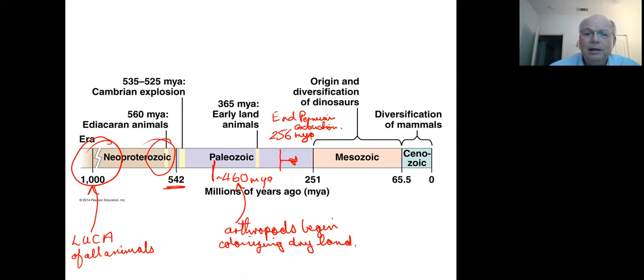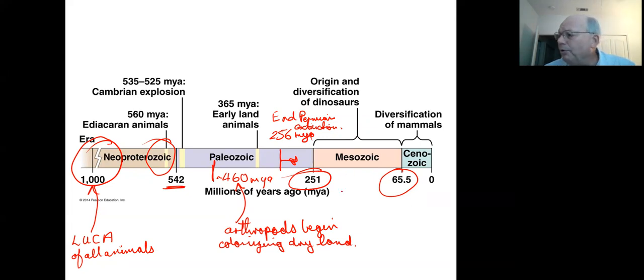And so at the beginning of the Triassic, which is here at 251 million years ago, we see the emergence of reptiles, and ultimately towards the end of the Triassic, the emergence of dinosaurs, which would go on to rule the terrestrial habitats for the remainder of the Mesozoic until they become extinct in the end Cretaceous extinction about 66 to 65 million years ago, somewhere in that time frame.